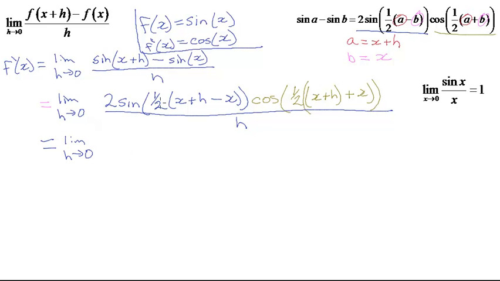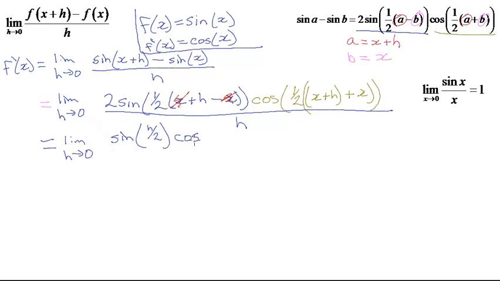And we're going to simplify in these brackets here. So what we end up with is the sine of 1/2 h. X minus x is gone, so those cancel. We're left with just h, so this is a half h, or h over 2.